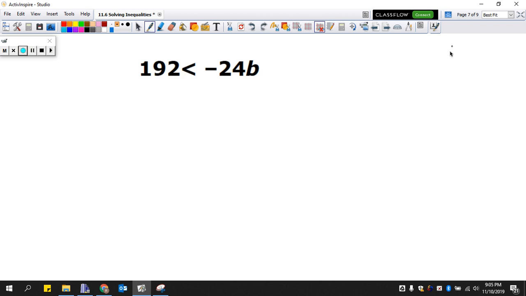Okay, so this is backwards. We have the variable on the right hand side, but just because it's backwards doesn't mean that we do anything differently. We still divide by negative 24 on both sides. The 24s cancel out.